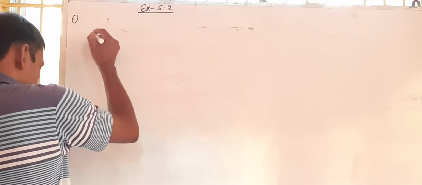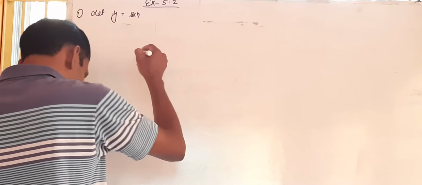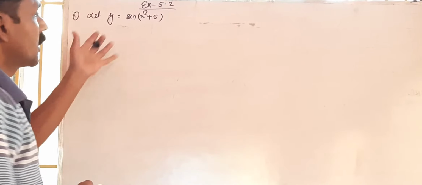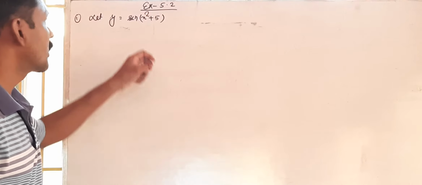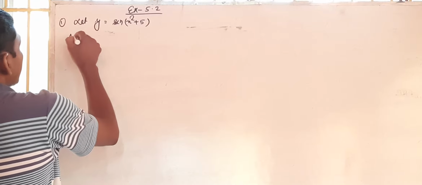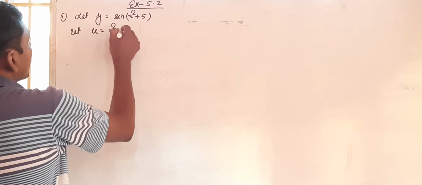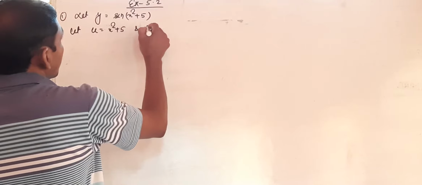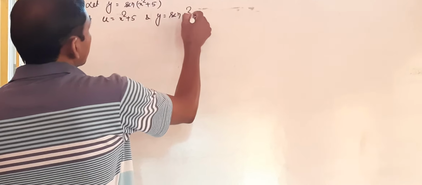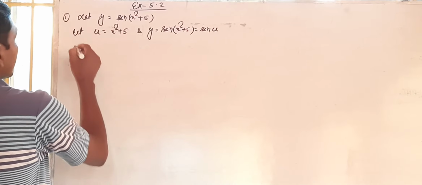Here suppose y is given as sin of x square plus 5. It is a composite function, but two functions are there. One is trigonometric, another is algebraic. So here you can write u equal to x square plus 5 and y equal to sin of x square plus 5, that is sin u.